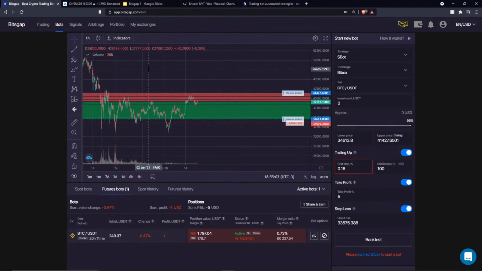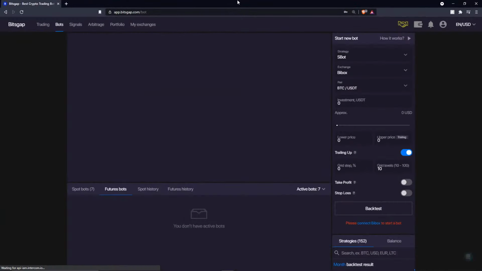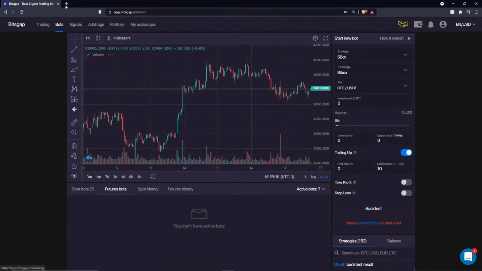And the third allocation goes just to the hodl strategy. Let me actually show you some hodl trades that I have. By hodl I mean having some coins in your portfolio. You just buy something and forget it for a while. That's what I did with some coins like the VU network.